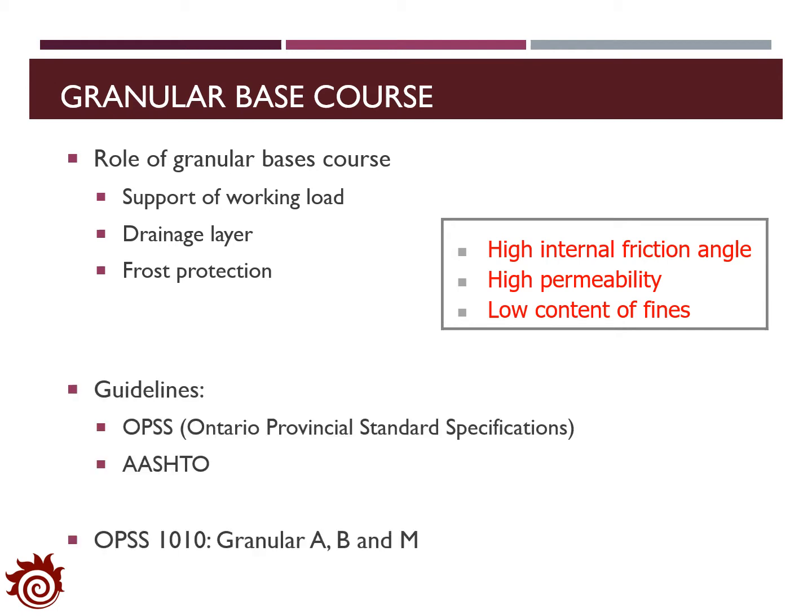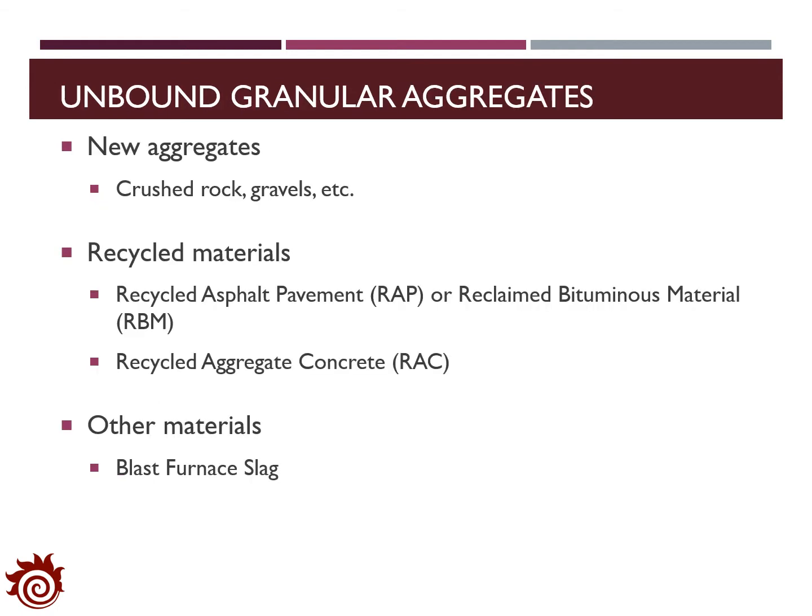For the design of the granular-based course, we should follow the guidelines provided by OPSS, Ontario Provincial Standard Specifications, or AASHTO. In OPSS 1010, the Granular A, B, and M are selected as the materials for granular-based course. The base course can be constructed with both unbound granular aggregates and bound materials.